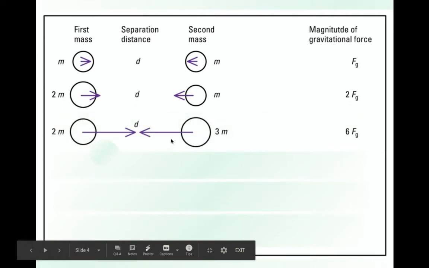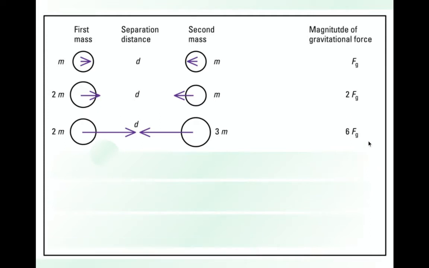Okay, again, if we change these masses, because the force of gravity is directly proportional, we just have to times these two together. So 2 times 3, they're going to have these arrows here showing the vector force, like a force between the two. So they'll have 6 times the force, so these vectors are going to be a lot bigger than these other ones.